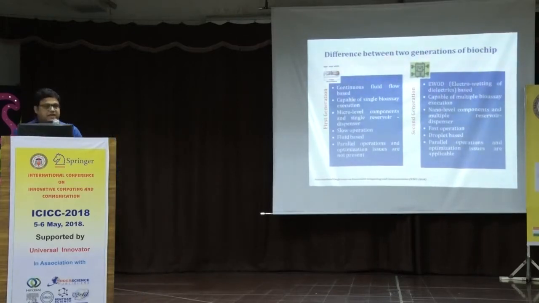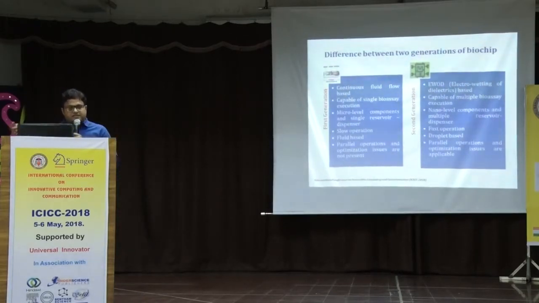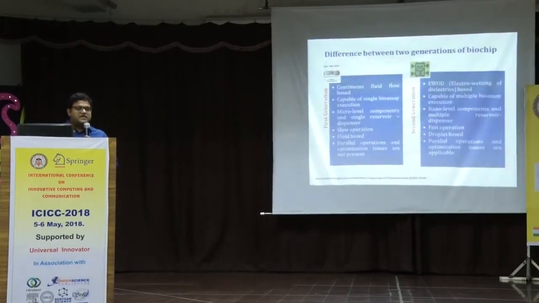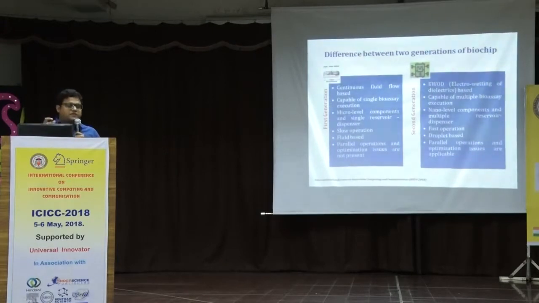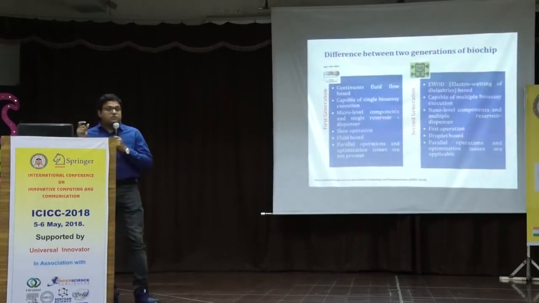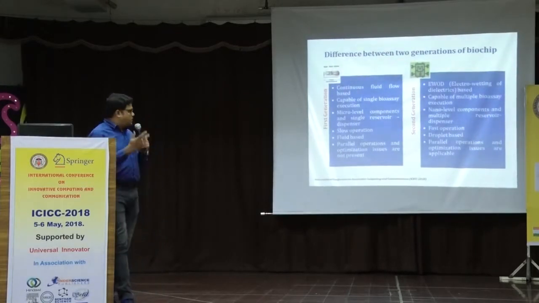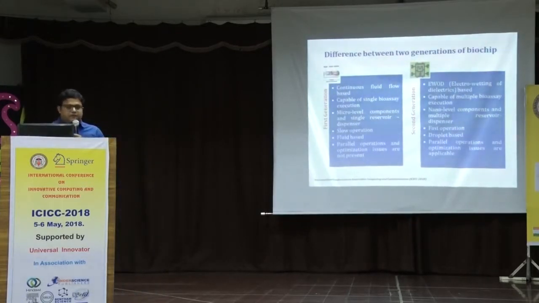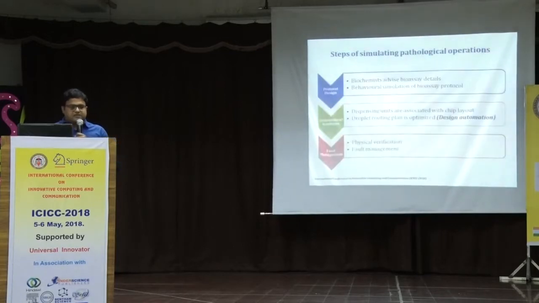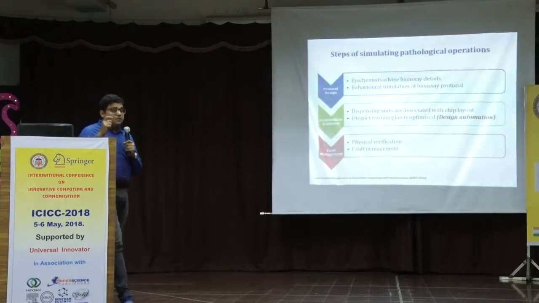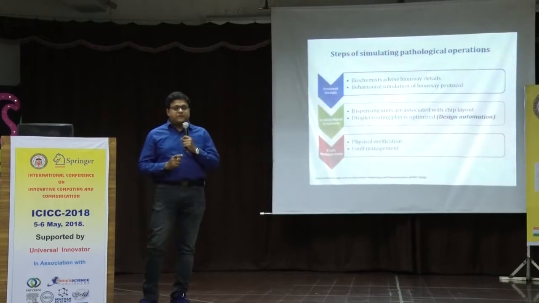Obviously, the first generation biology was slow in operation. The second one, the recent version, is faster. The first one was fluid based, and the second one is droplet based. We will look into the details of what we mean by the droplet based mechanism. And as I said, parallel operation is not possible in the first generation, whereas in the second generation we can perform parallel operations.